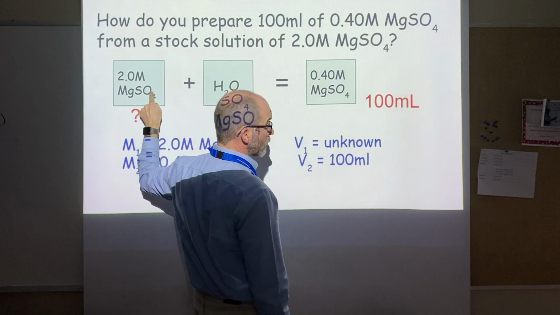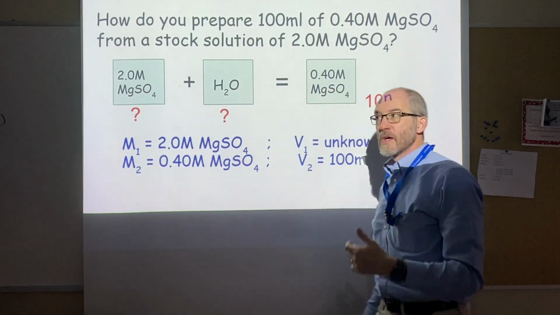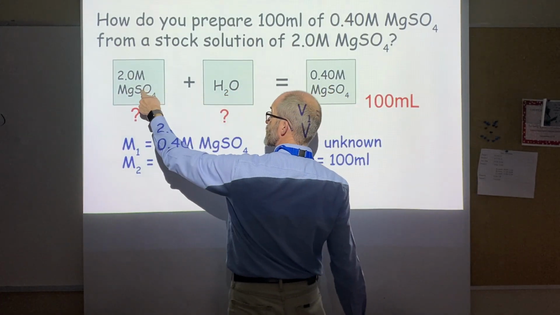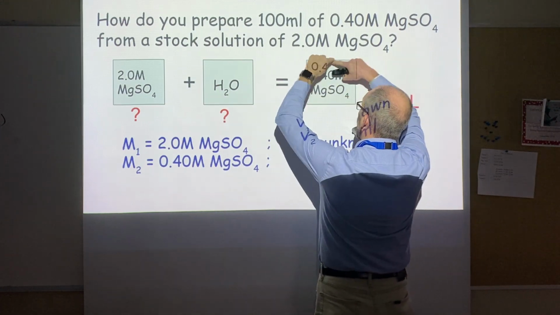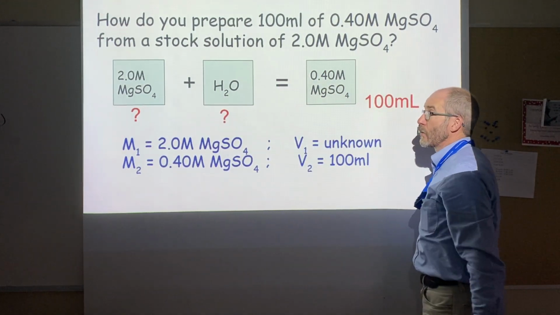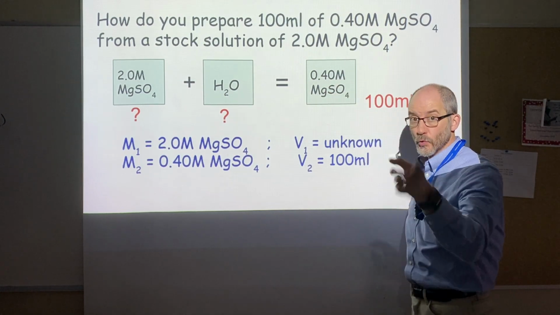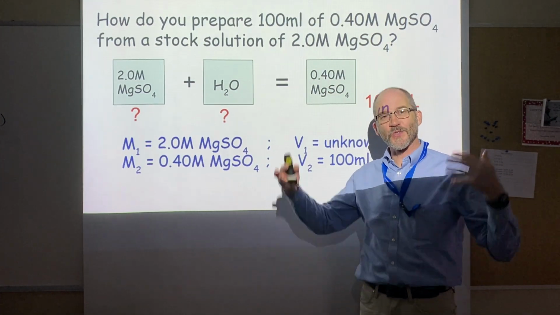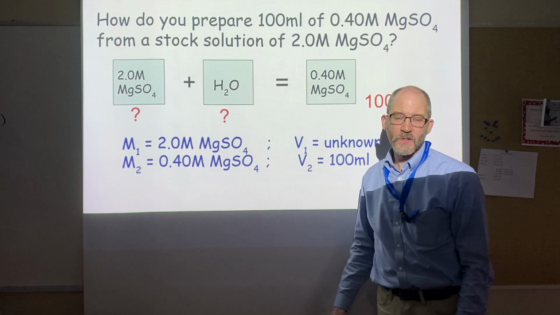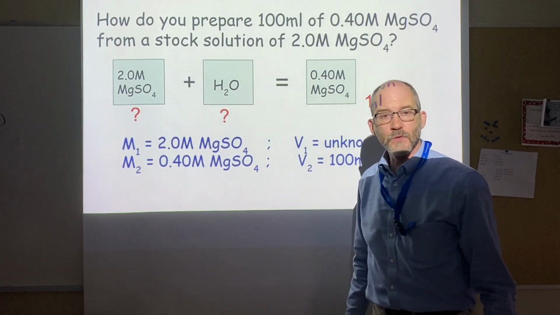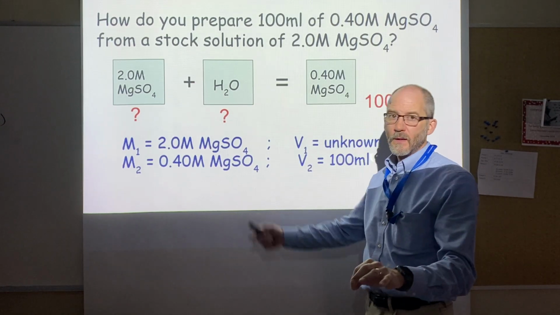I need 20 milliliters of this. If I take 20 milliliters of this in my 100 milliliter volume, I will produce a 0.4 molar solution. So I will have the concentration that I want. And that is how I would do it if I mix a liquid and a liquid.